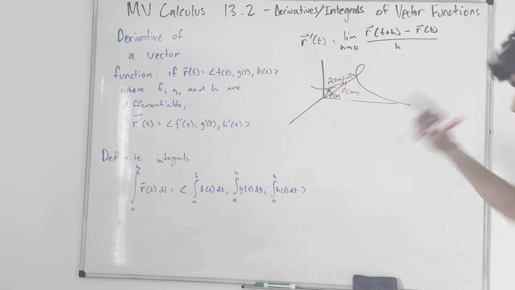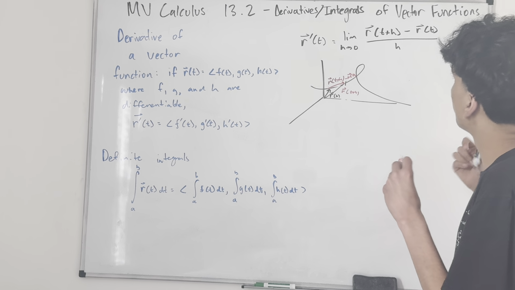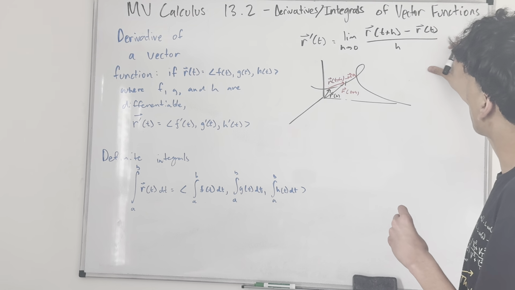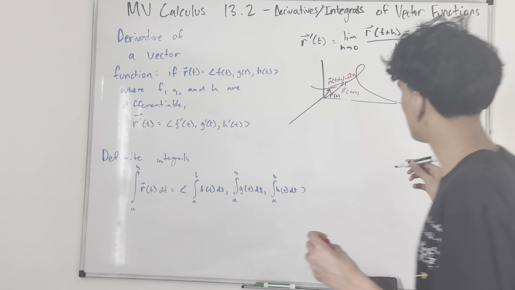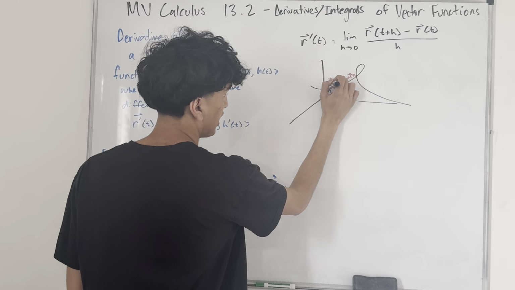That's the subtraction of the two vectors, and if I take that quantity and divide it by h, then it's just going to be a scalar multiple. So it's going to be something like that.